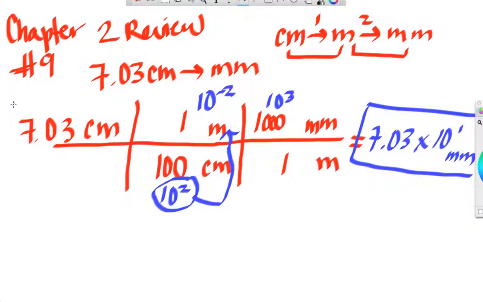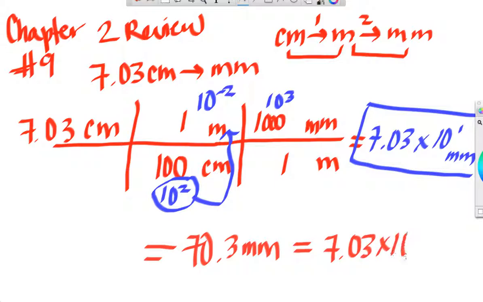And you should get, now my calculator spits back to me, the answer here is 70.3 millimeters. If you put that in scientific notation, it's 7 times 10 to the 1 millimeters. Either answer is fine, unless I specifically ask for it in scientific notation. So it's really up to you.